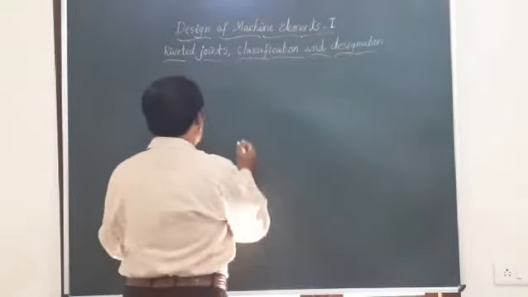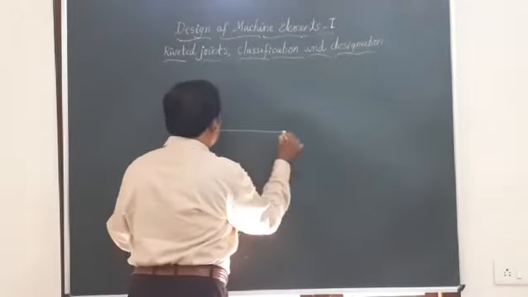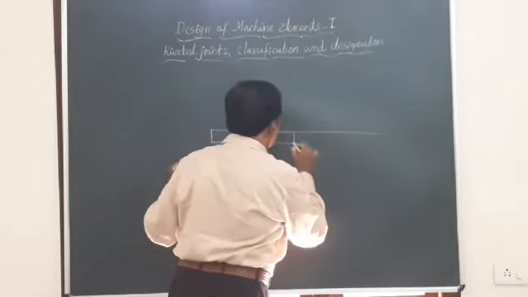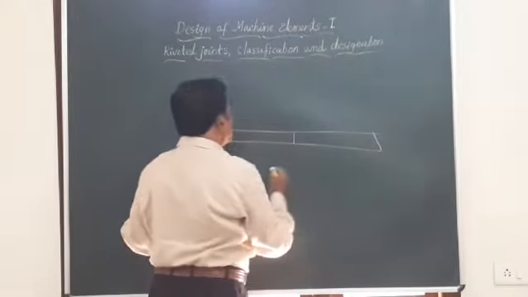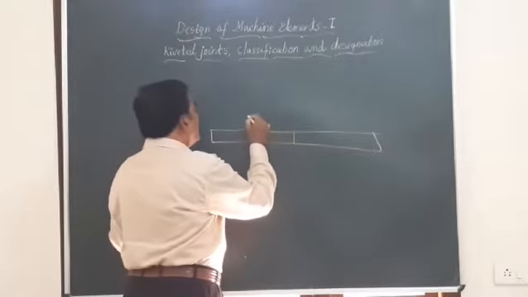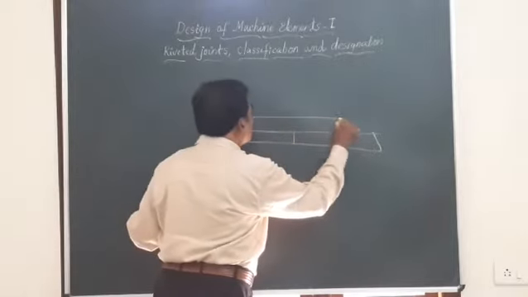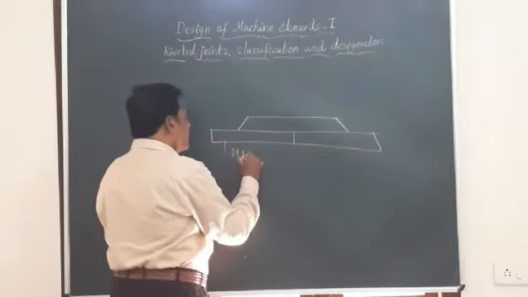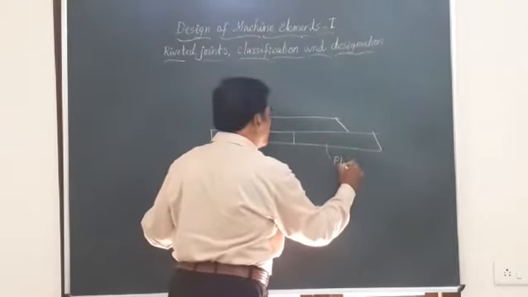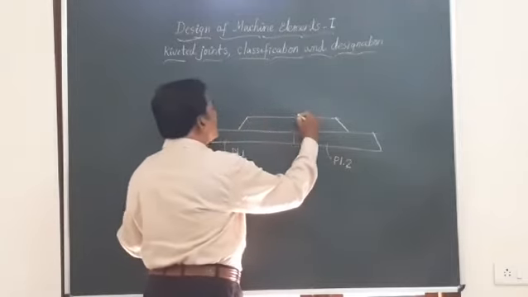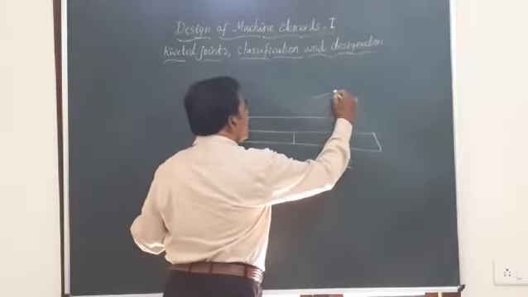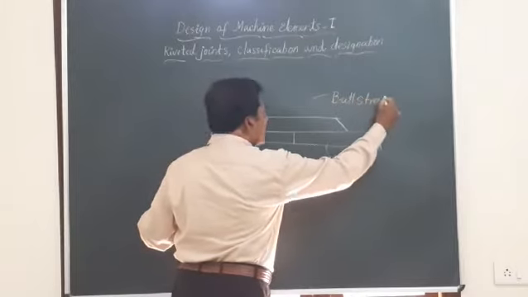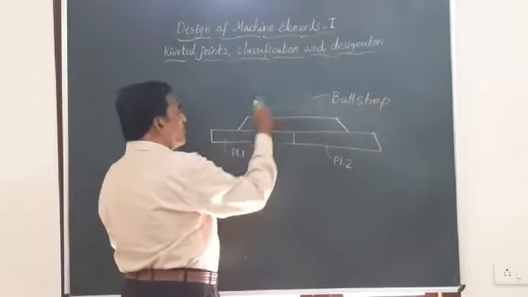For example, this is plate number 1, this is plate number 2. These plate 1 and 2 are to be joined by a single cover plate. I will say this is plate 1, this is plate number 2, PL2, and this is a butt strap or a cover plate. It's called a butt strap. It's another steel plate which is put above these two.